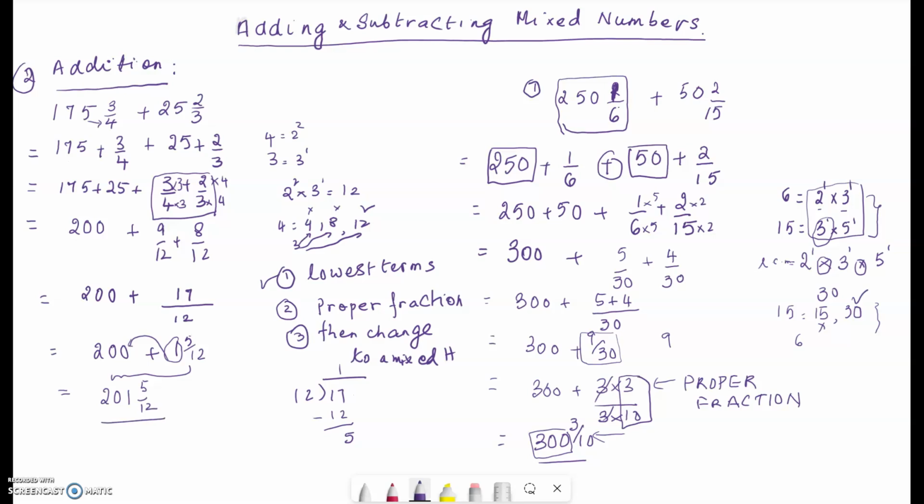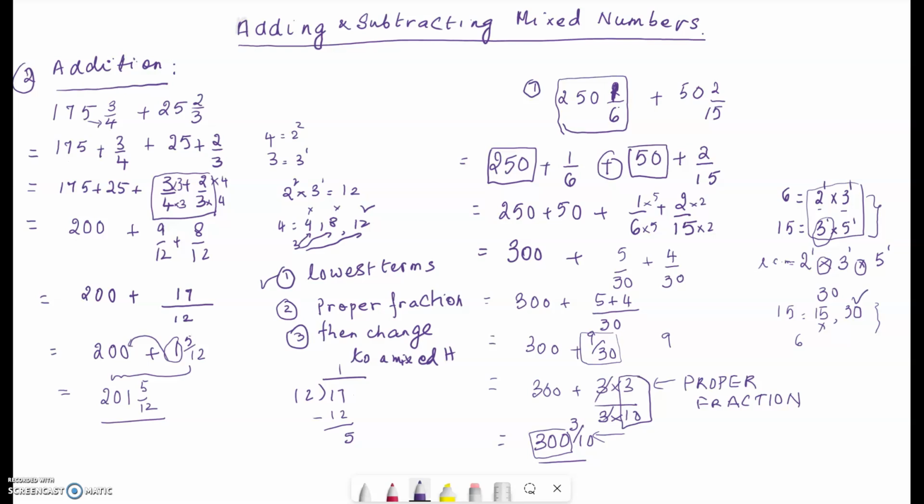So what is the most important thing to remember when we are adding mixed numbers? Do not change the mixed numbers to their improper fraction equivalent forms, because that is not an efficient way of adding the numbers without using a calculator.